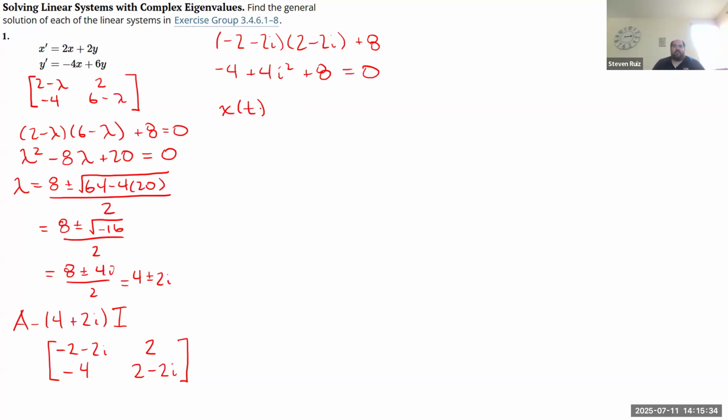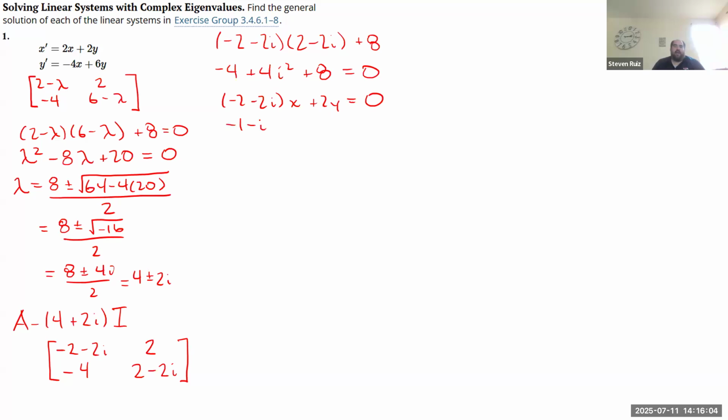So what is x of t going to be equal to? I can't get there yet. I've got to get an eigenvector. From this matrix, now that we've confirmed that it's linearly dependent, I'm going to take one of the rows. Doesn't matter which one. So (minus 2 minus 2i) times x plus 2y equals 0. I'm noticing that everything has a coefficient of 2, so I'll divide the whole thing by 2.